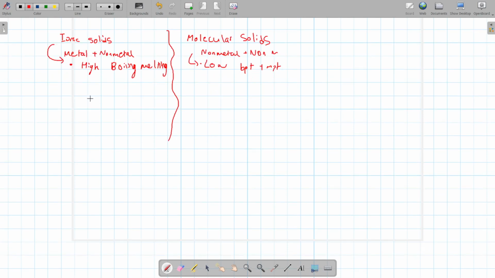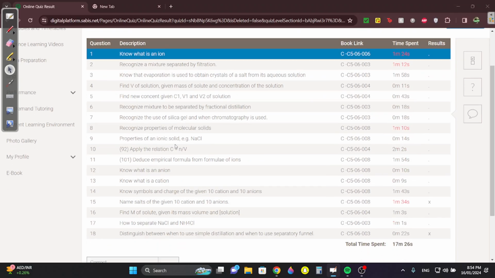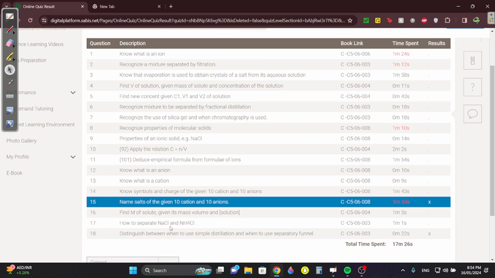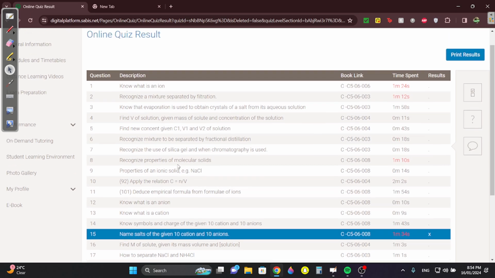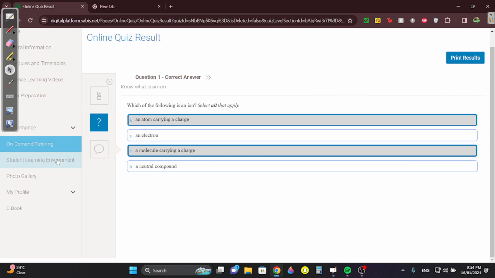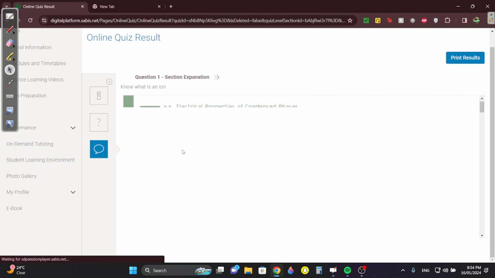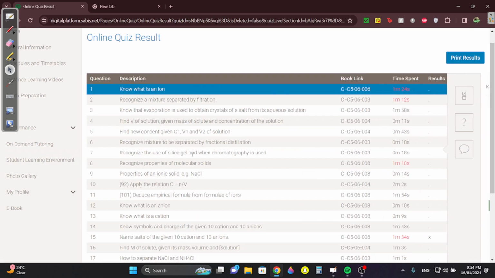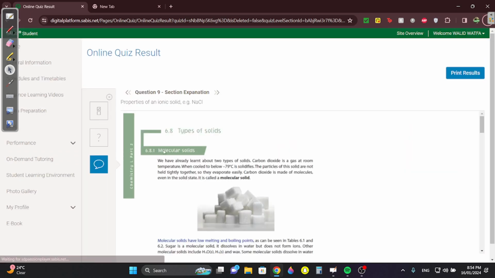One thing you have to know is the structure of the ionic solid, how it says in the book. One second, where is it? I think it's here. No, this one. Yeah, so it's this one.